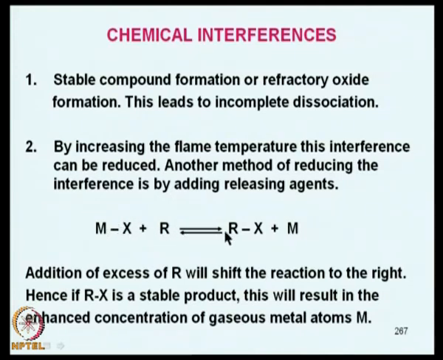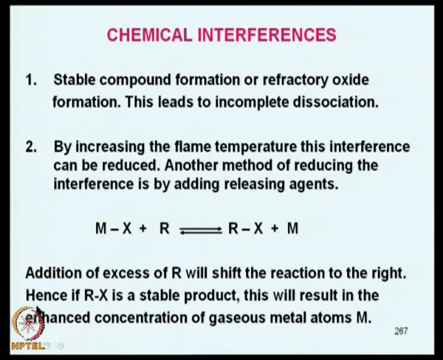The entity R will combine with X, producing a salt of RX, and metal ion would be released. So, the R is known as releasing agent.